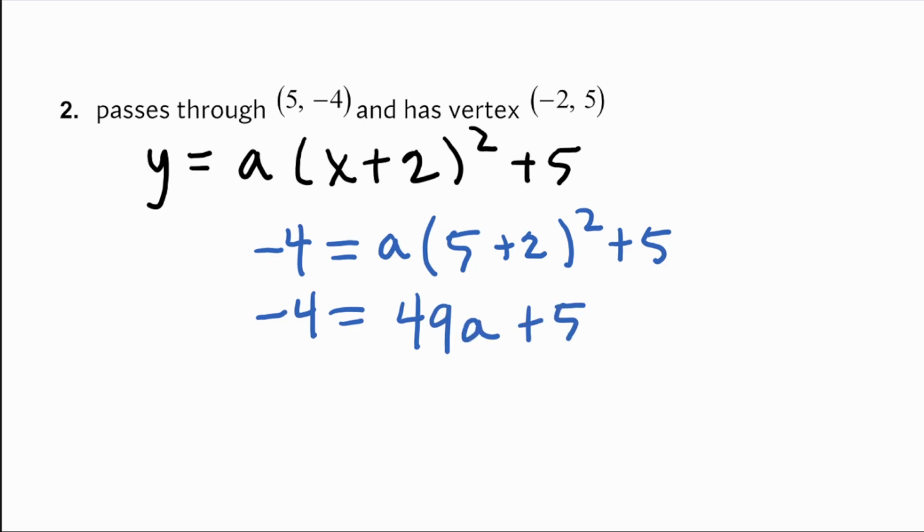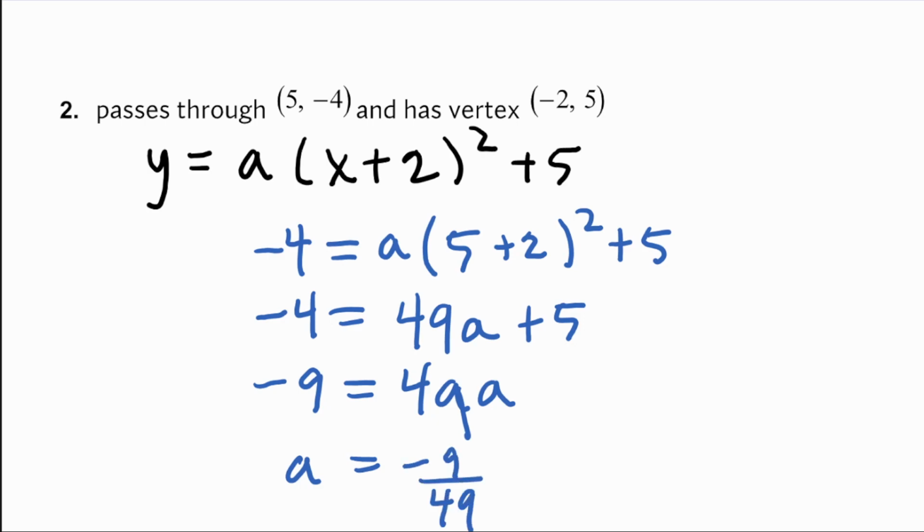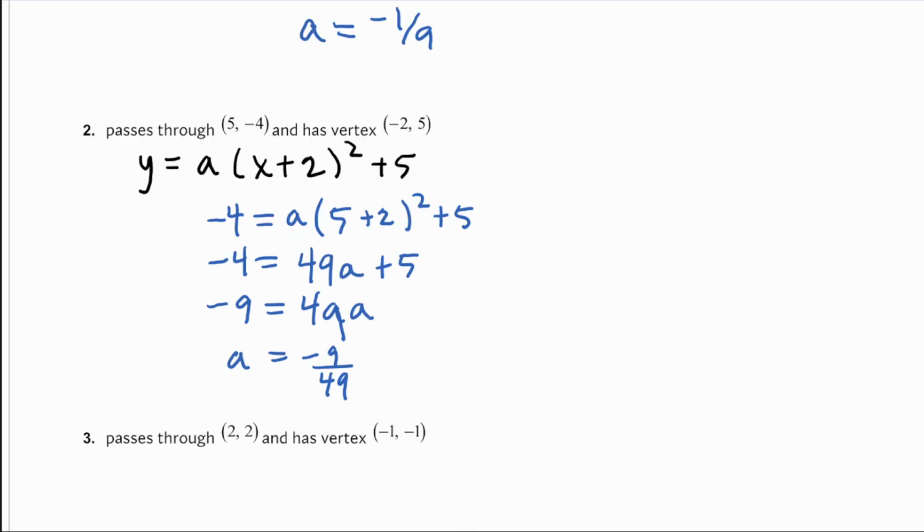And then I will subtract 5 from both sides. No, this will be -9. It's equal to 49a, and a is -9 over 49. So then I'm going to plug in that value, and I'll have y equals -9 over 49 times x plus 2 squared, and then plus 5.